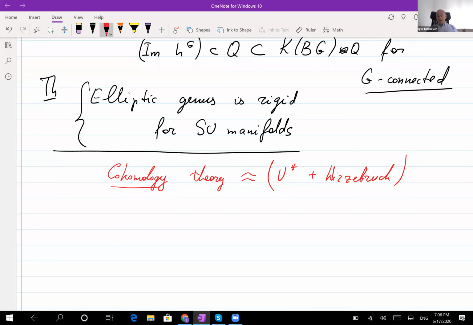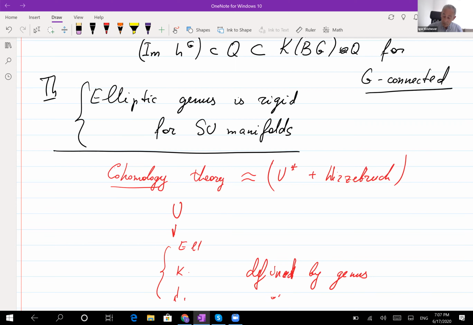And as I said, coming from cobordism to elliptic homology, K theory, usual homology, you realize that these theories I mentioned are defined by a genus with the rigidity property. That's a summary of my today's lecture.